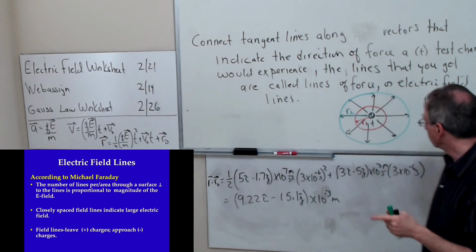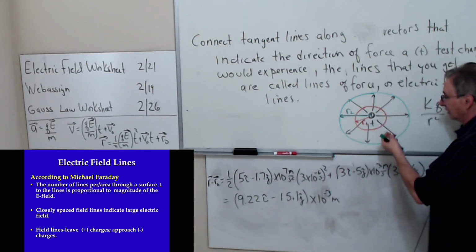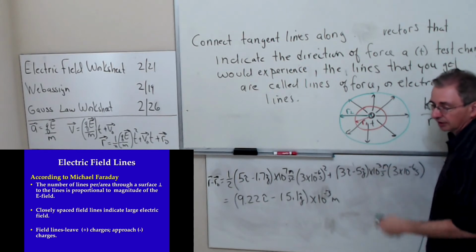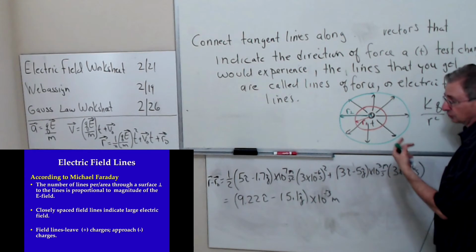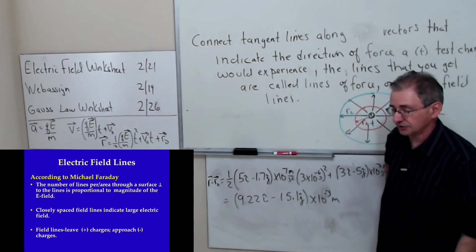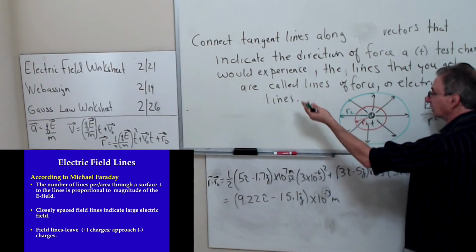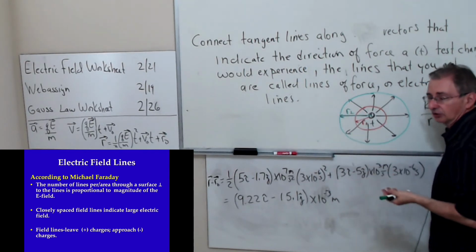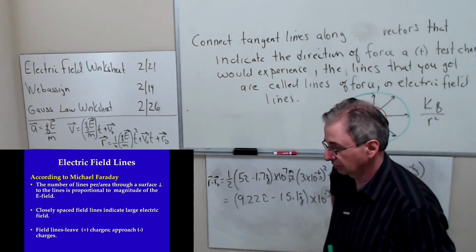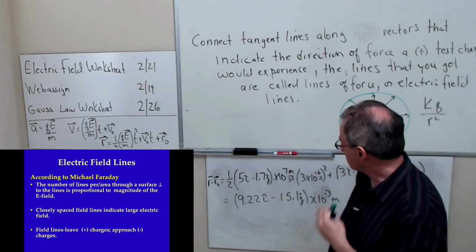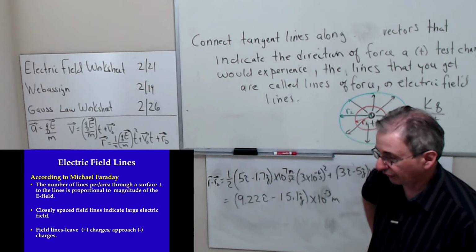Isn't it true that if I double the charge, the number of field lines would be double, right? If I double the charge, I have twice the field. And so what I do is I draw twice the number of lines. If I draw 10 lines for this one, then for something that's twice the charge, I would draw 20 of them. So I don't have to draw every single one. Because what this picture does is gives me a representation of the field.